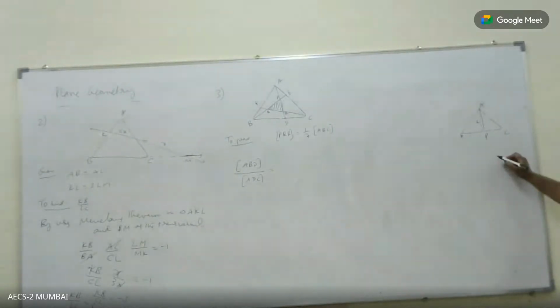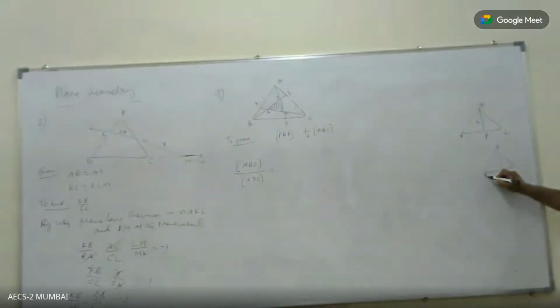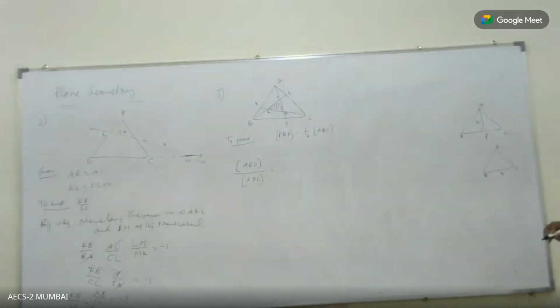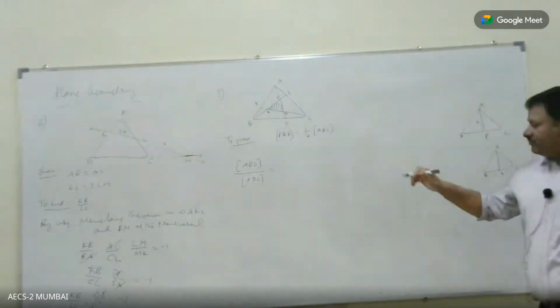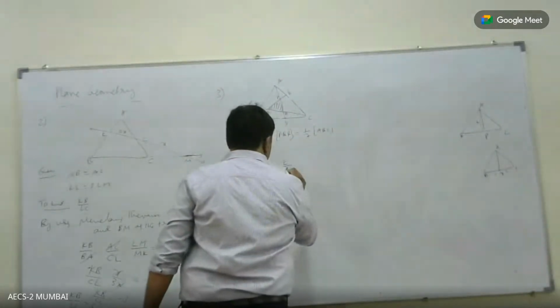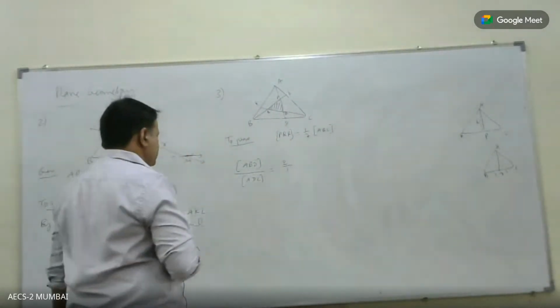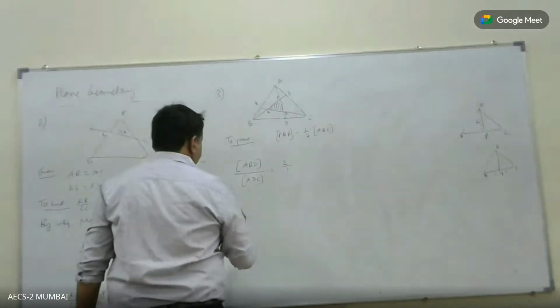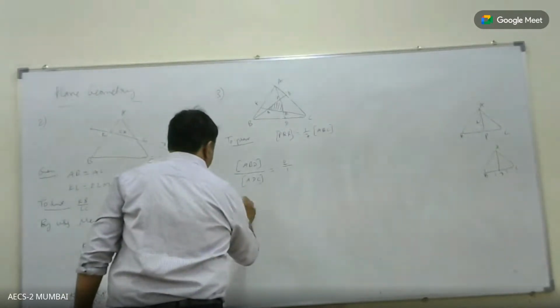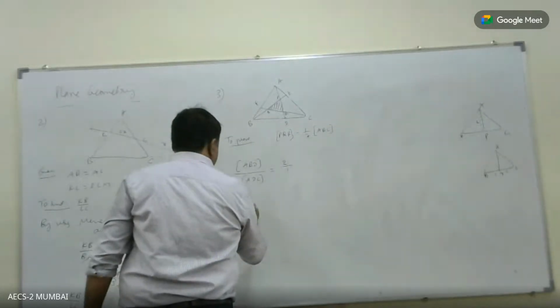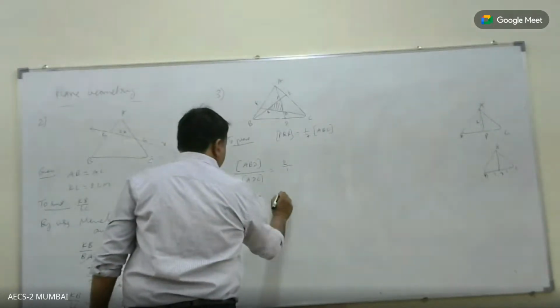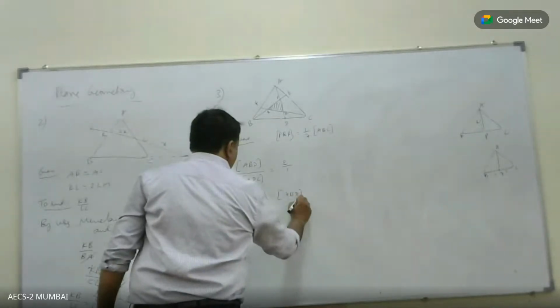In a median, what will happen? This becomes the midpoint. The ratio 1:1 is formed. So that's why these two areas become equal. This by this equal. That is a special case of this general one. Have you got this? Yeah. So from this we can write this is 2 by 1. So area of ABC equal to AB, how many times?